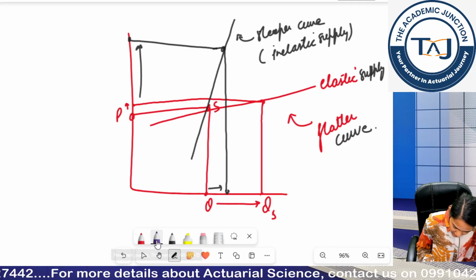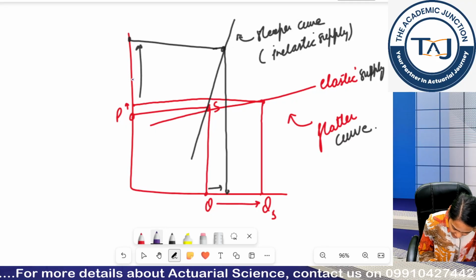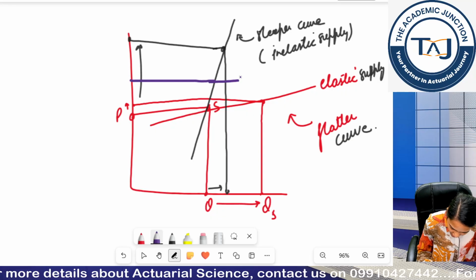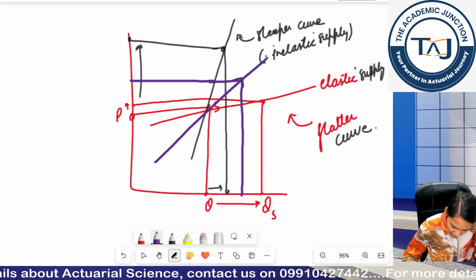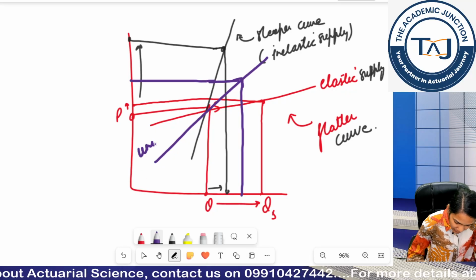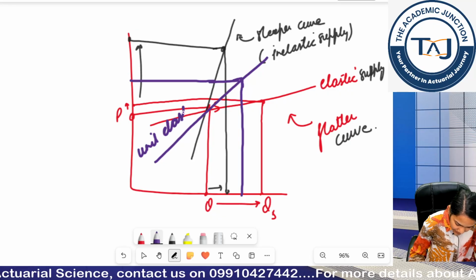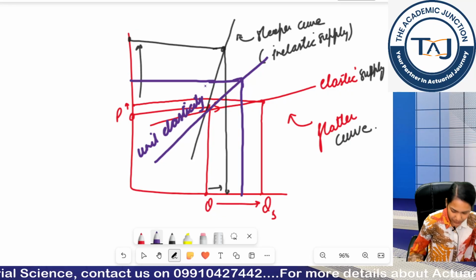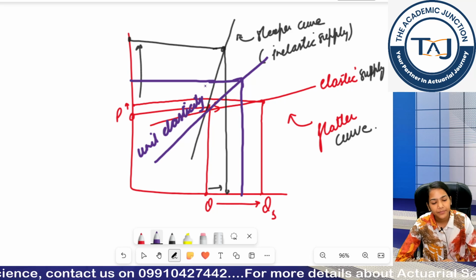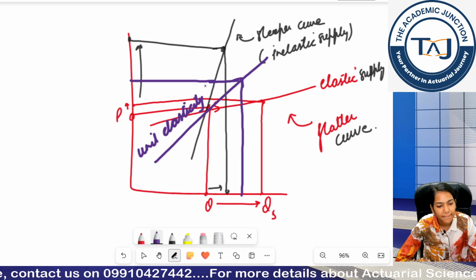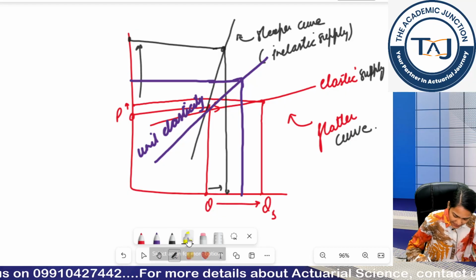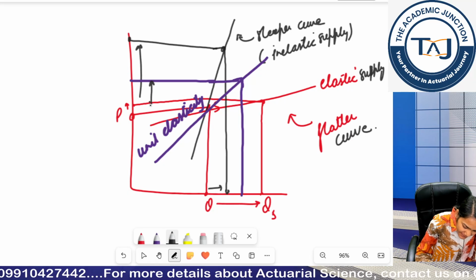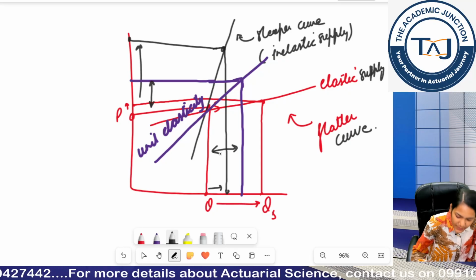Similarly, I can draw the third graph. With an equal proportionate change in the quantity and the price, I would get unit supply, unit elasticity. This is unit elasticity. It basically means the difference between this will be equal to the difference between this.